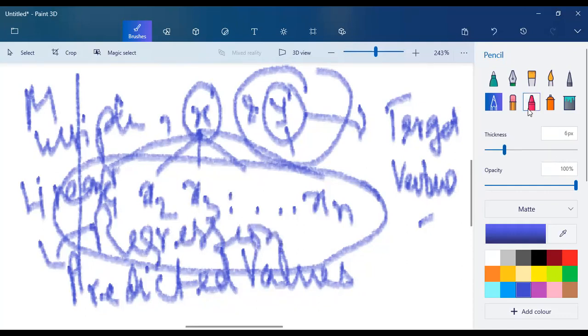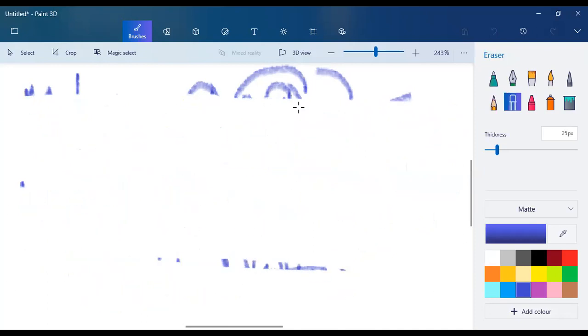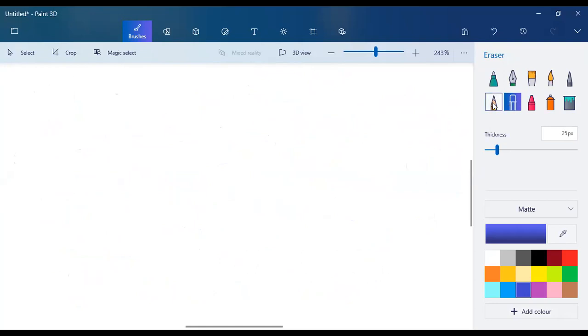Multiple linear regression, right? So in that respect, my equation will also differ.